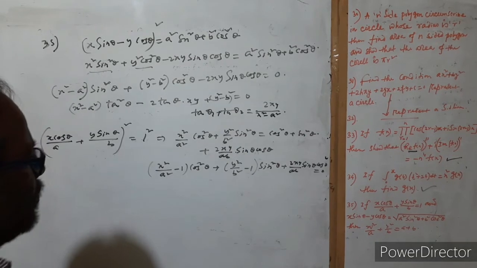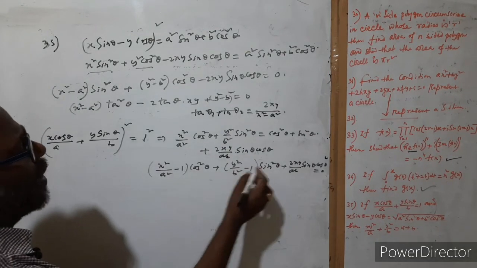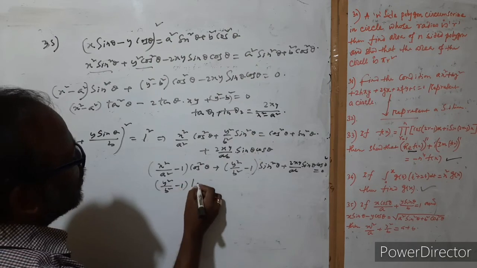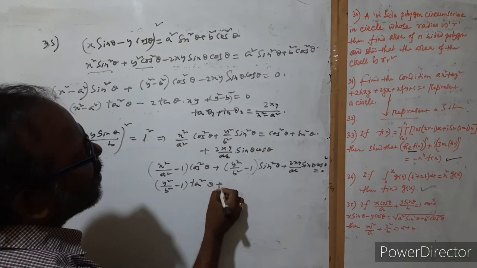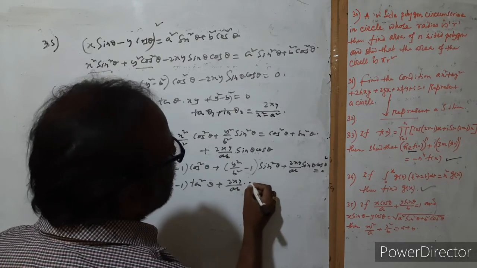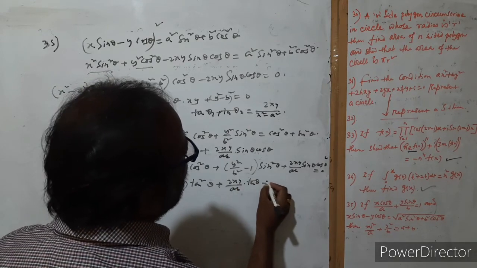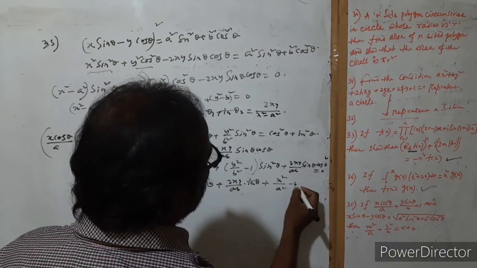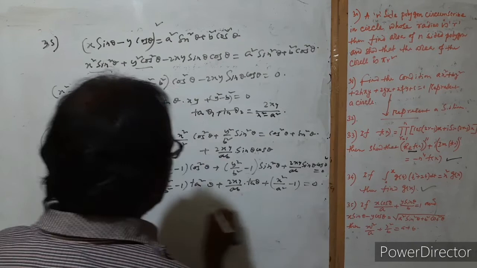Dividing by cos square, then y square by b square minus 1 into tan square theta, plus twice xy by ab into tan theta plus x square by a square minus 1, and this is equal to 0.